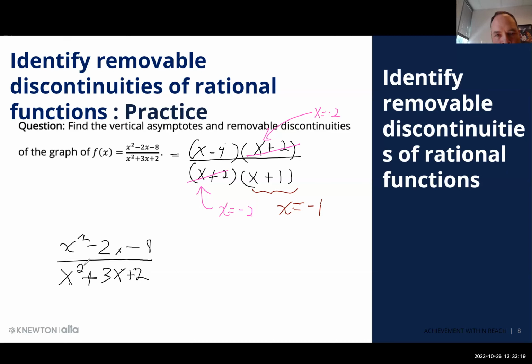And I want us to remember the x minus 2 and the x minus 1. So minus 2 and minus 1. I'm going to put those there. I'm going to erase the rest just because it's going to get in the way when I look at the calculator.